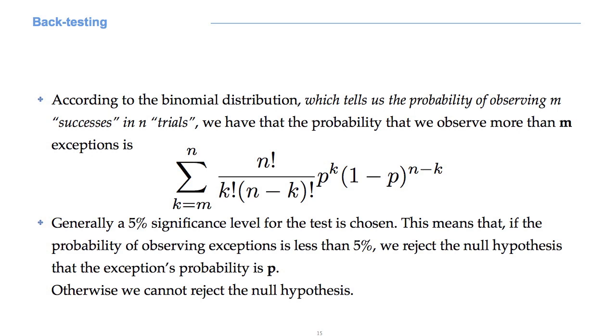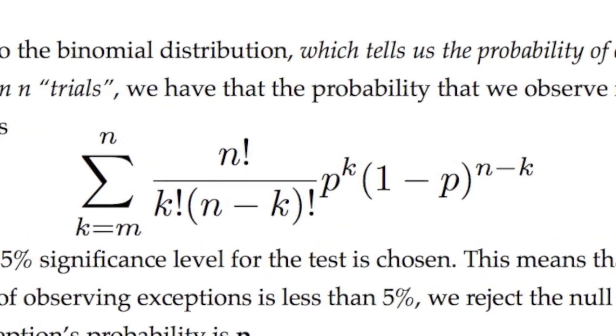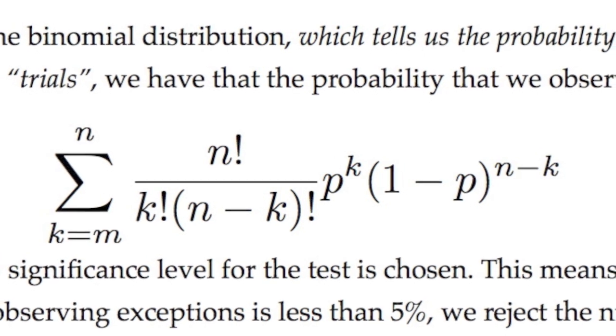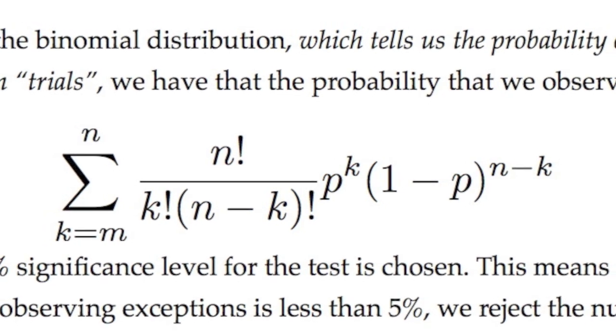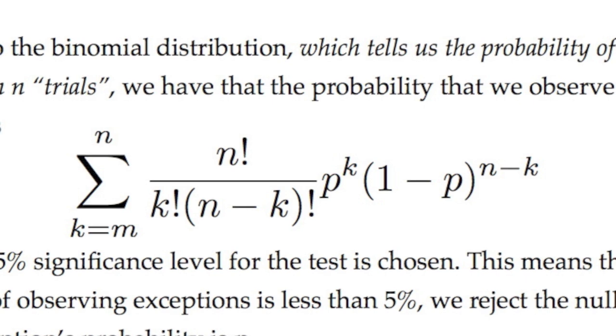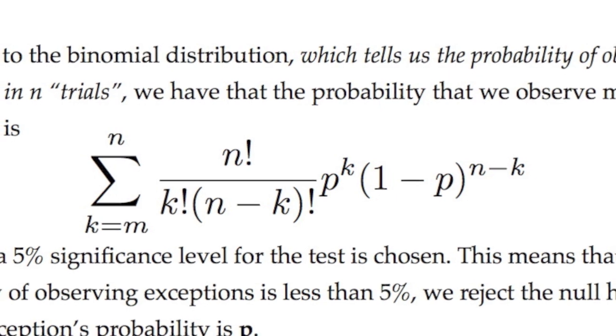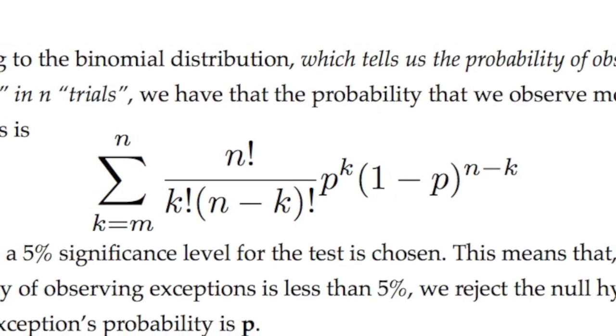The binomial distribution tells us that the probability of observing more than m exceptions in n days is the one you see on screen. The idea is that once we have chosen a significance level for the test, say 5%, we'll look for the right tail probability of our binomial.